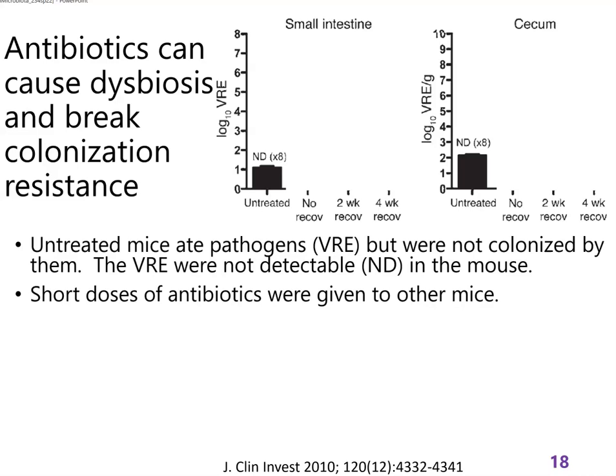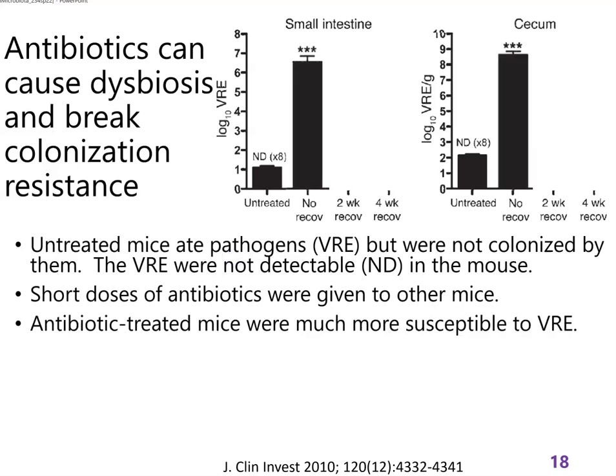How much of the pathogen do you expect to see? Pause the video, guess. Well, here's what they actually saw. When the gut community was really reduced because of the antibiotics, it had no ability to prevent these pathogens from growing in the gut. But the real question is, what's going to happen 2 weeks later?